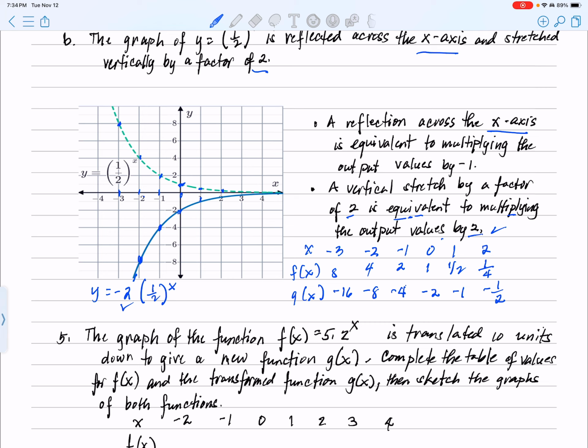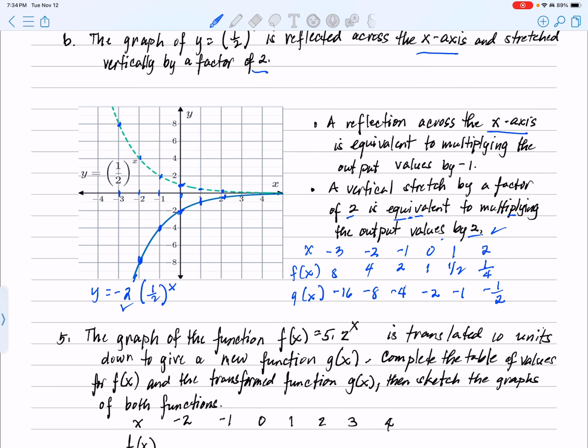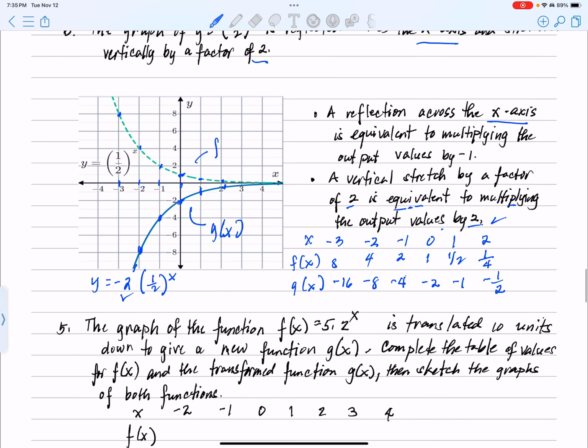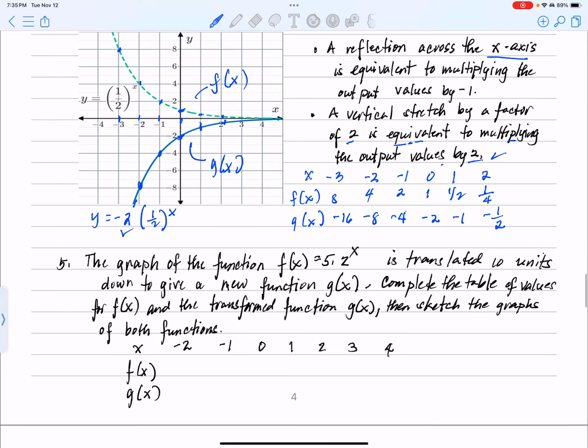When it's -1, it is -1. And when it's 1/4, it is -1/2 right here. So this one is the g of x, and this one is the f of x graph. All right. I hope that is somewhat clear.